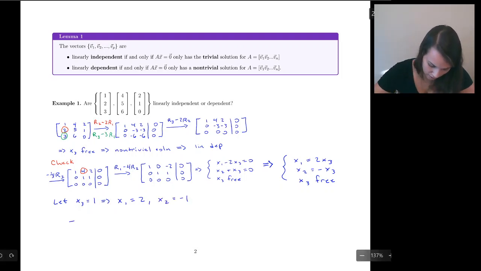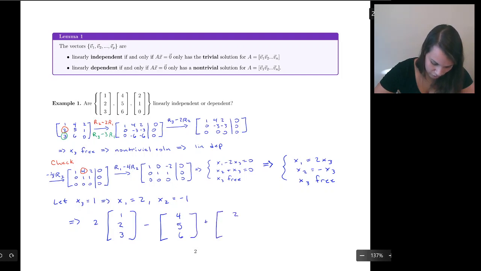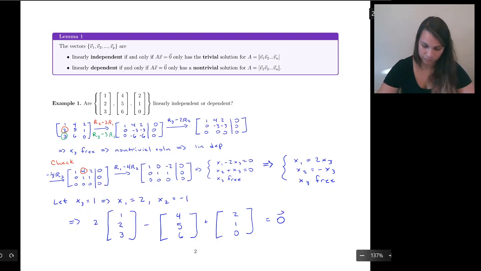So then we end up with 2 times (1, 2, 3) minus (4, 5, 6) plus (2, 1, 0) equals 0.